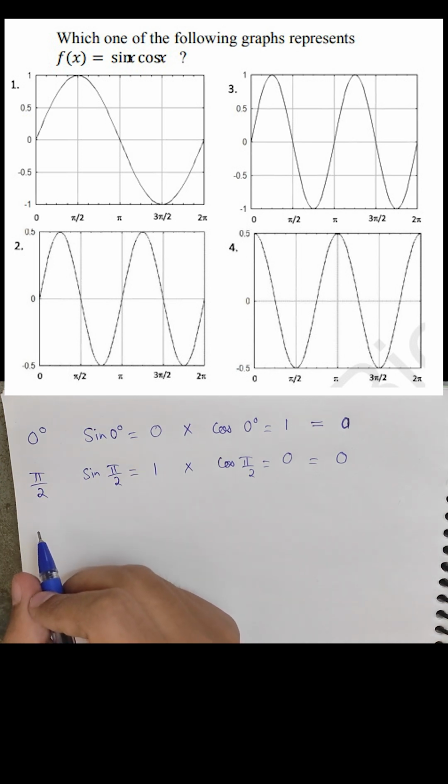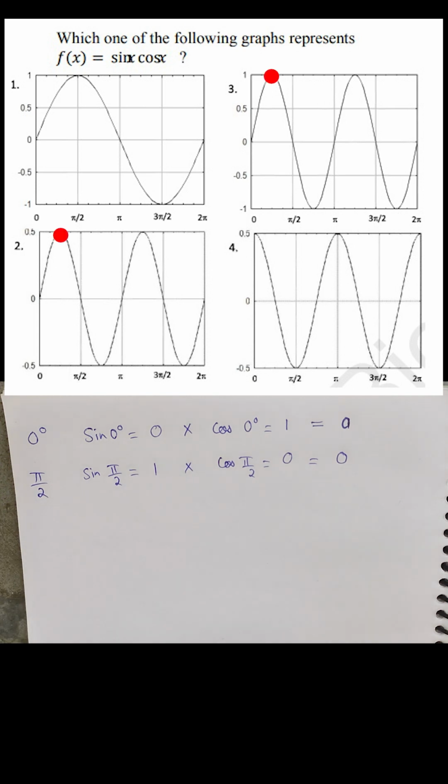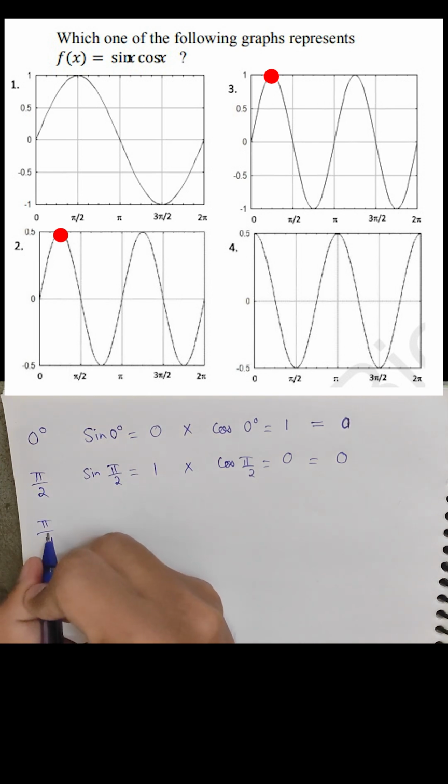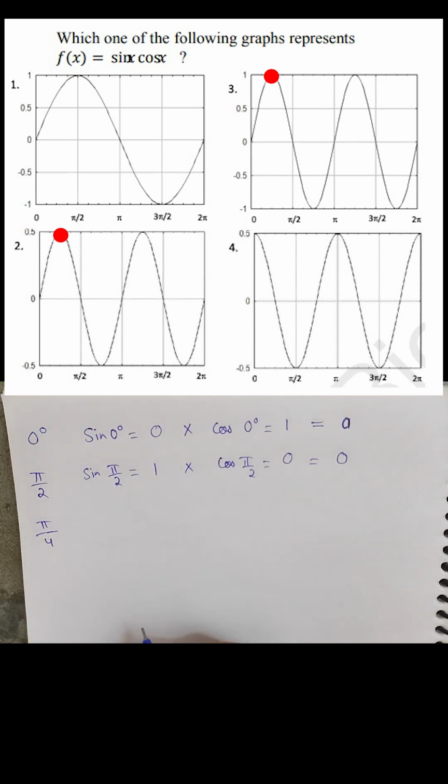So the only two options that match this description are option 2 and option 3. And now we have to choose between them. As you can see from the graph, at 45 degrees, that is pi by 4, both of the peaks touch the top. Now we have to figure out if the peak will be 0.5 or the peak will be 1.